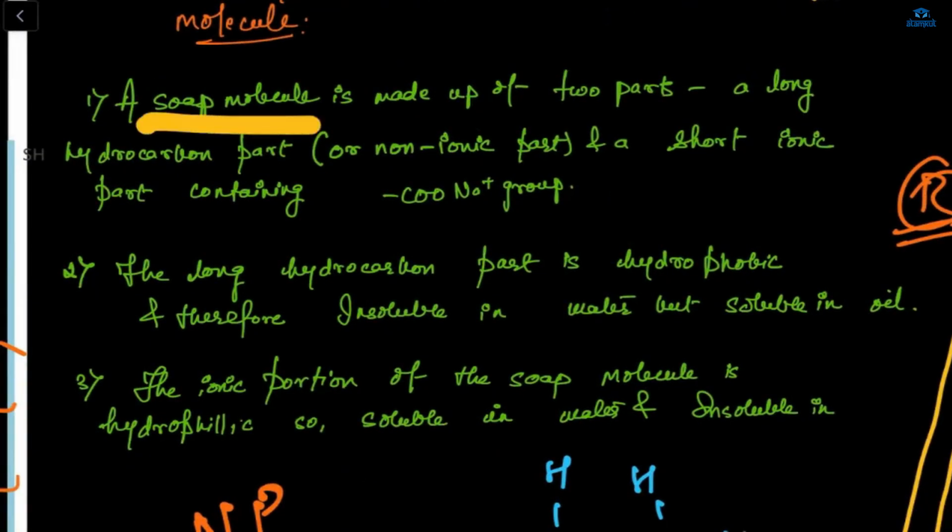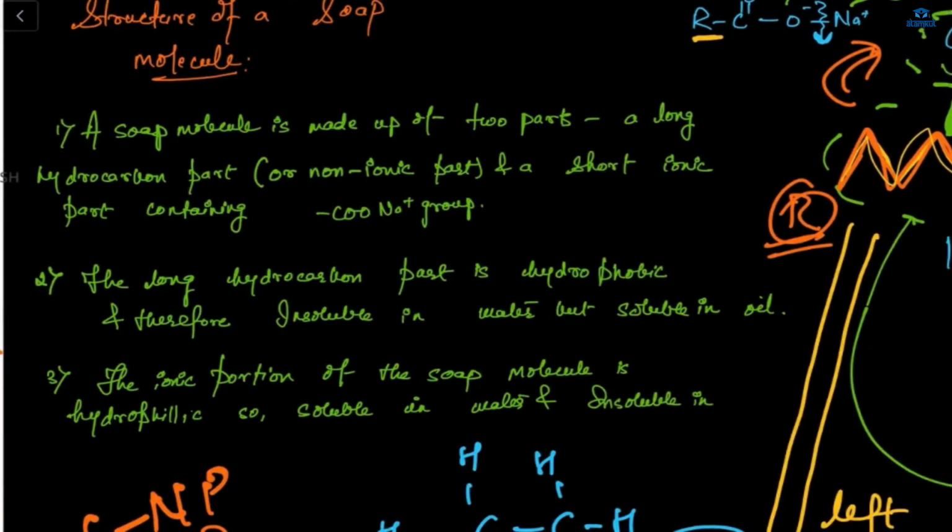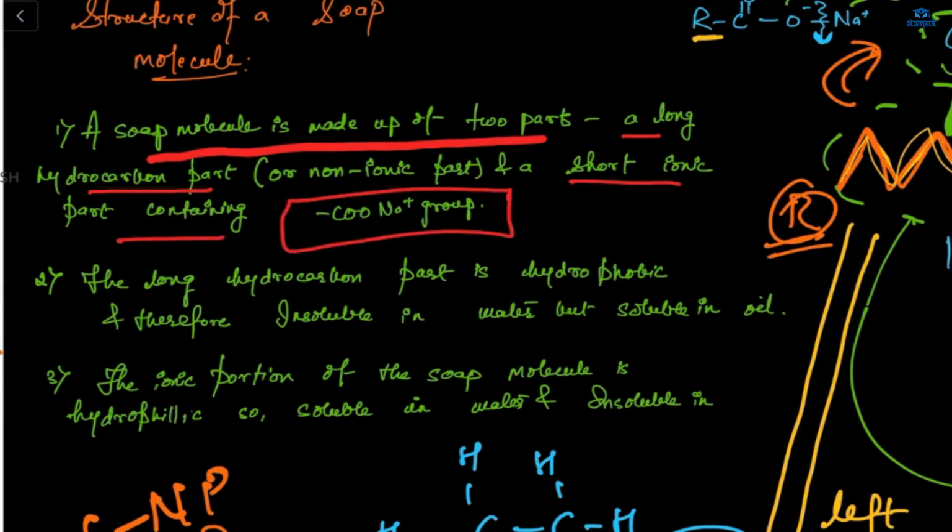A soap molecule is made up of two parts, a long hydrocarbon part and a short ionic part, which is this group. The long hydrocarbon part is hydrophobic.